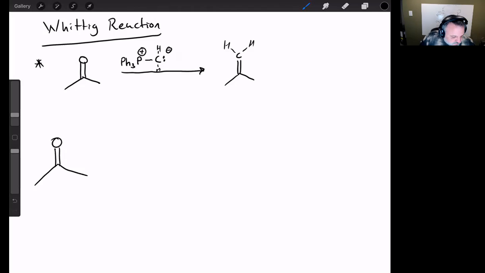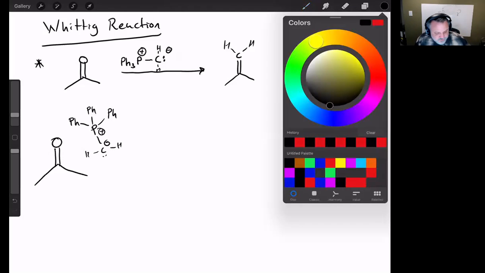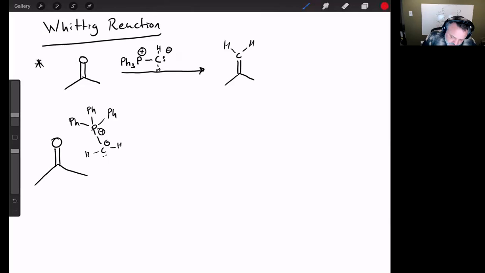This is one of those mechanisms that doesn't fit well with the 3 or the 4 mechanistic moves, because the first step involves something that isn't well described by those 4 moves. It's a 1,2 cycloaddition. What happens is the carbon attacks the carbonyl carbon at the same time as this double bond attacks the phosphorus.